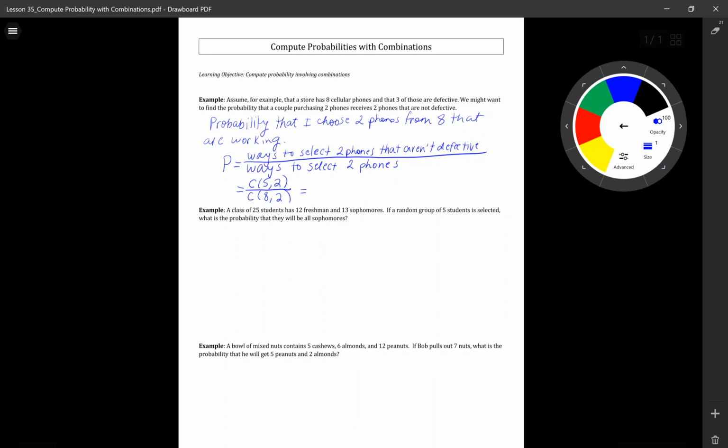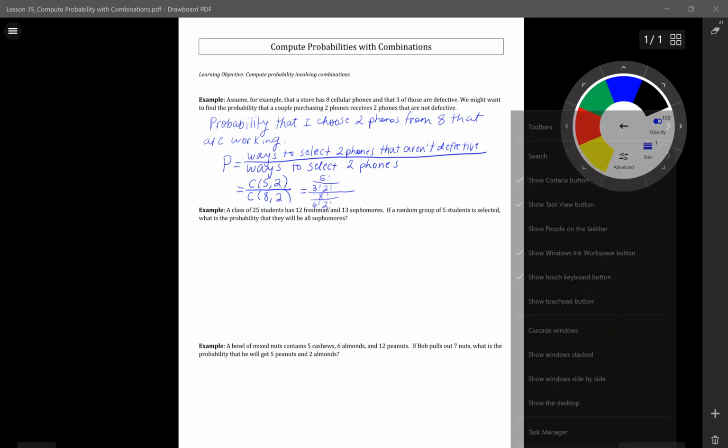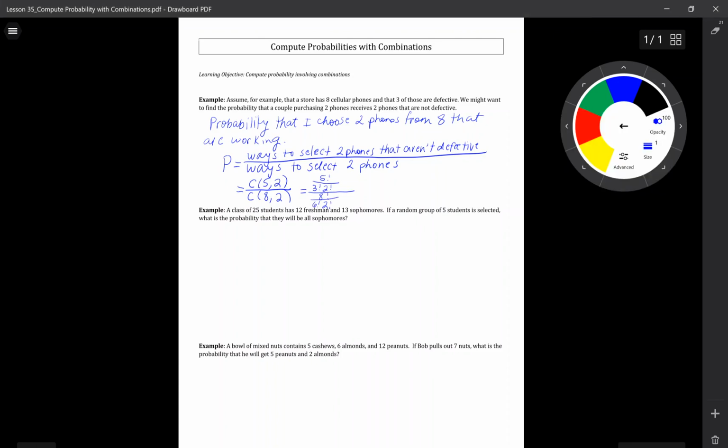C5, choose 2 will be 5 factorial over 3 factorial, 2 factorial. And then I divide this by 8 factorial over 6 factorial, 2 factorial. That's C5, choose 2 over C8, choose 2.